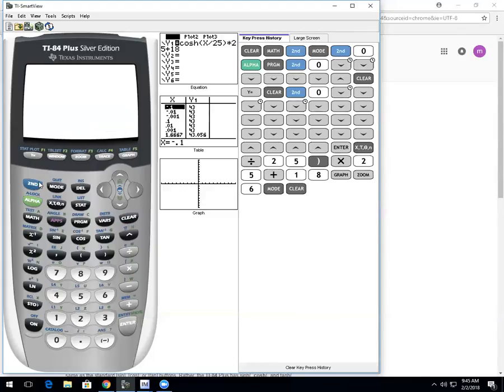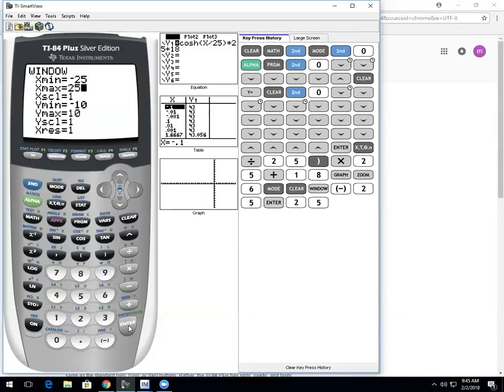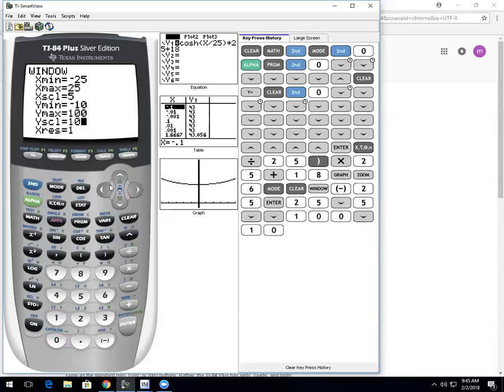And then I'm going to change my window, because I suspect it's just outside the window I had. I want to graph that from negative 25 to 25, counting by fives. And then I suspect that it just goes higher than my max 10. I'm going to make my max 100 and count by tens. There it is.